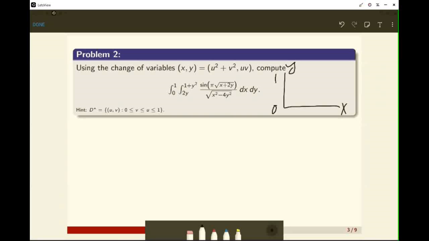Well, not really a typo, but there's this bound on x of twice y, and so we get out to 2 here, and then there's also this bound of 1 plus y squared.